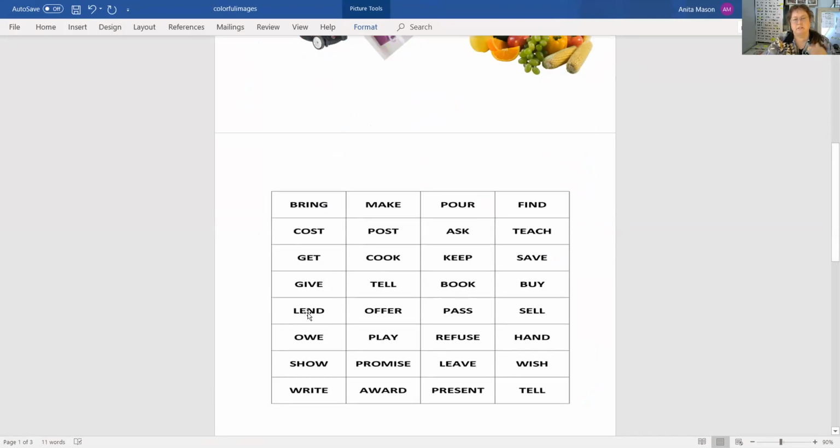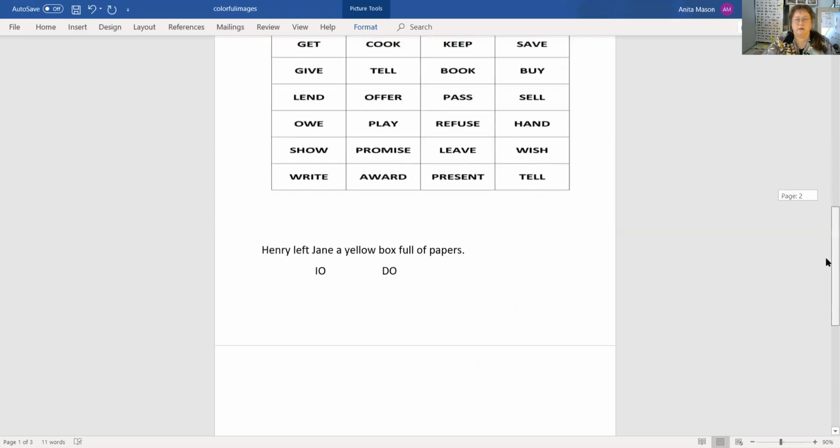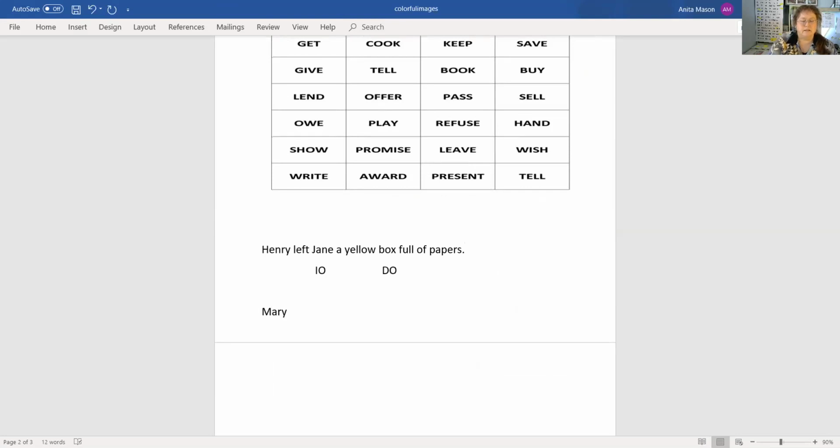To lend something means you're letting someone borrow it, and it's one of those irregular verbs that you just have to memorize. So this time, let's use Mary and Judy. Mary lent Judy her cell phone.